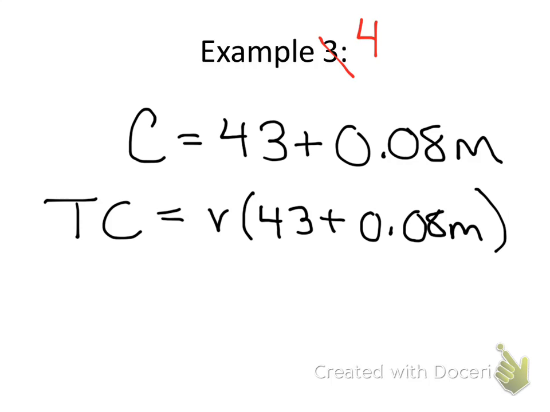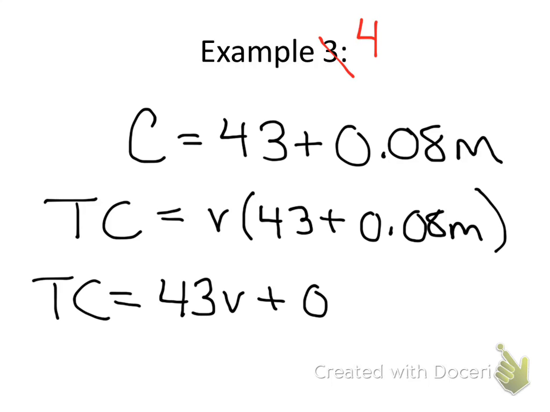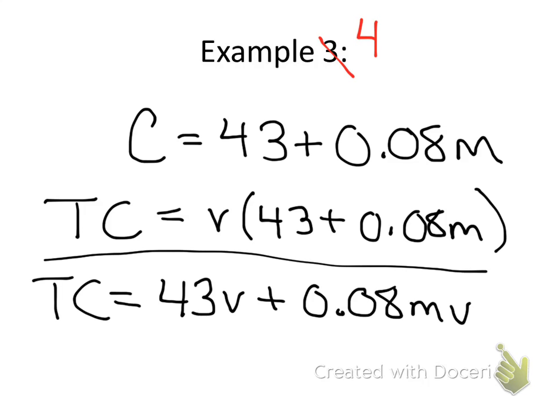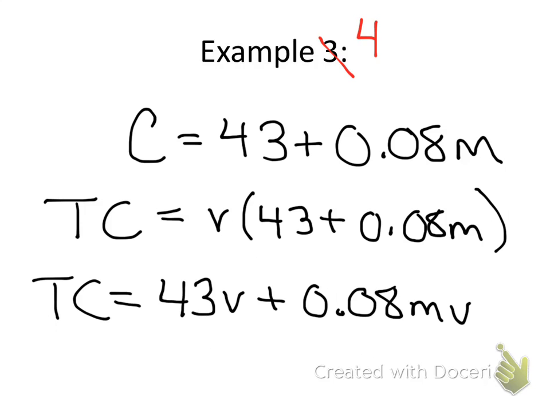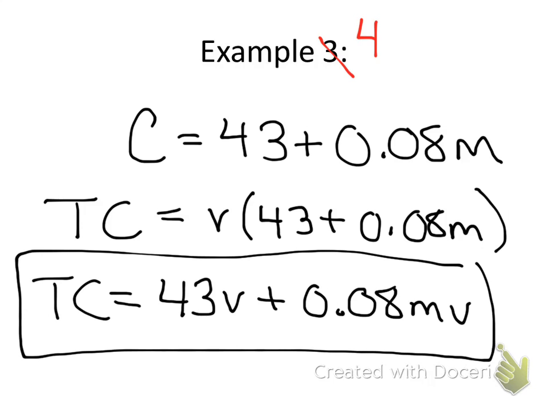All right, so the simplified answer would be TC equals 43V plus 0.08 MV. And that's all that you can do because you don't know how many vehicles and you don't know how many miles. But that would be the formula that you would use to find out your total cost. And if you understand that, that's everything you need to know for 9.4.